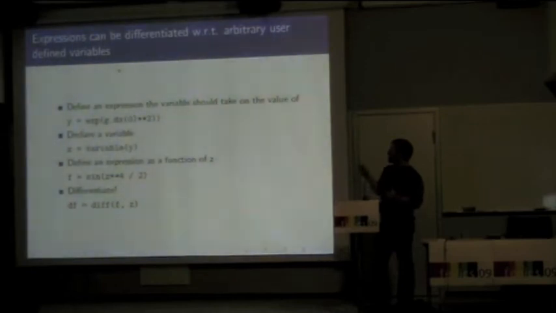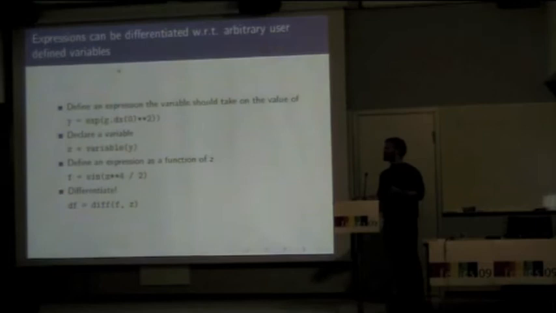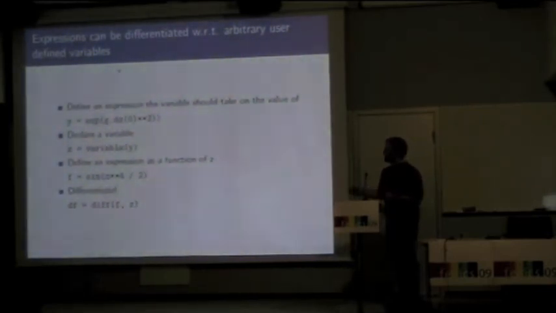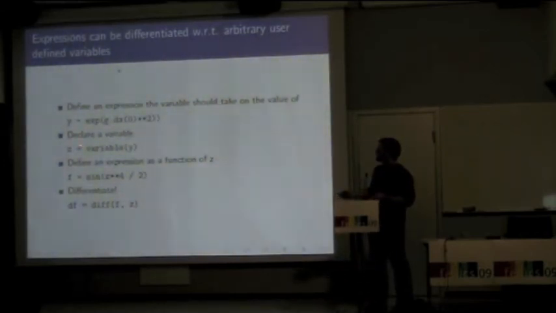Differentiation of user-defined expressions with respect to user-defined variables is done like this. First you define some arbitrary expression, and then you declare a variable that takes on the value of this expression. So z and y will take on the same value when evaluated in the program, but they're not exactly the same.